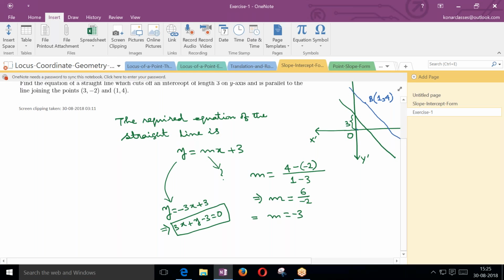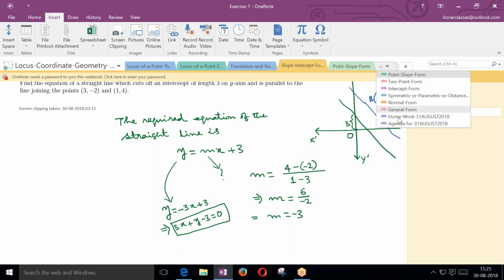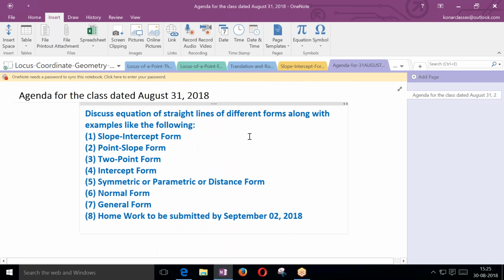And that is why the first one is called slope-intercept. That means slope is given, intercept is given. Second one is point-slope. One point is given through which the straight line is passing, and the slope of that straight line is given. Third one is two-point form.